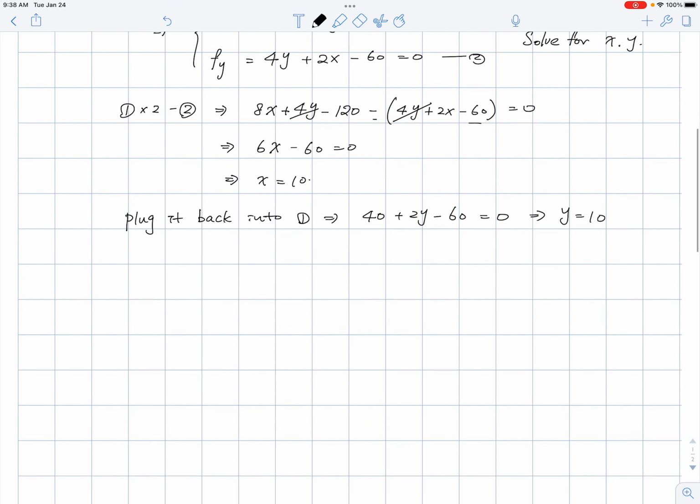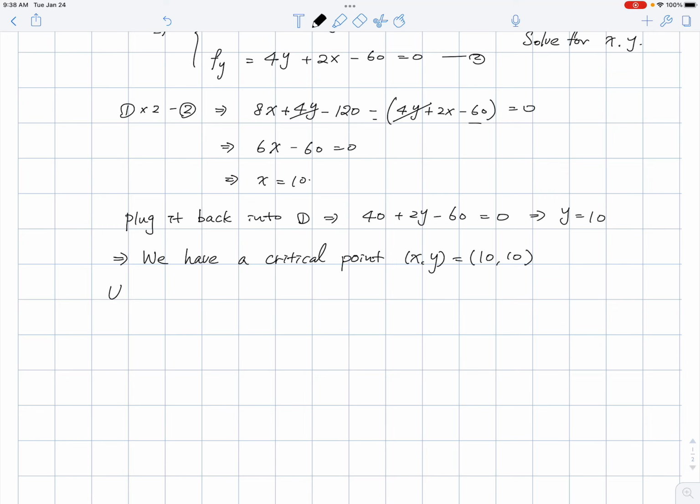Okay, so now we have a critical point. So far we have a critical point where x and y are equal to 10 and 10.